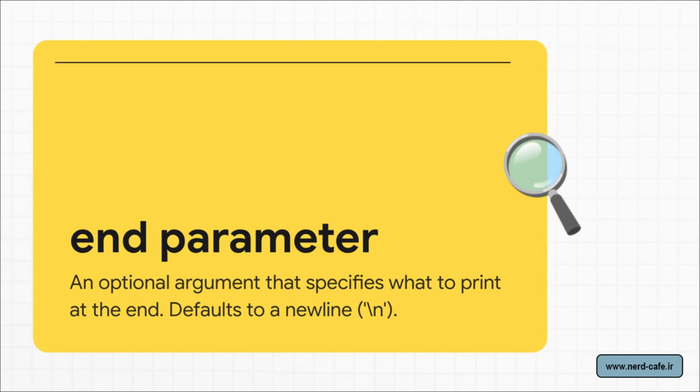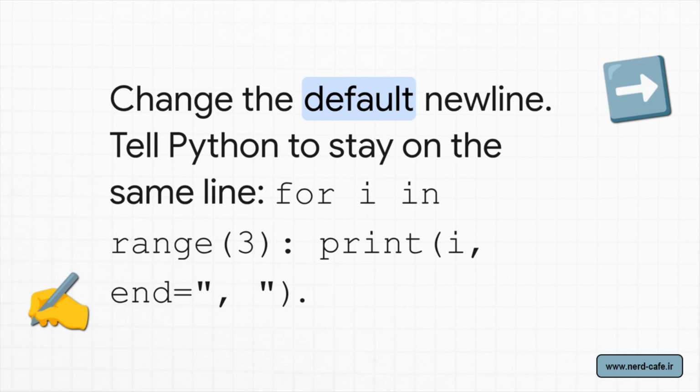Well, the culprit here is that end parameter, which, as we saw, defaults to that new line character. But just like with sep, we can change it to whatever we want. We could change it to a space, an arrow, or even nothing at all. Take a look at this solution right here. Inside our loop, we're printing the number i, but then we specify end equals ", ". We're basically telling Python, hey, after you print this number, don't you dare jump to a new line.